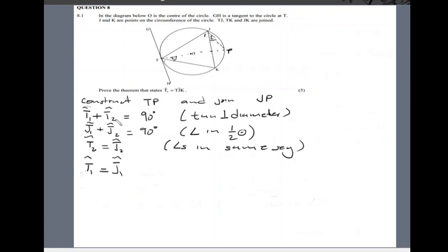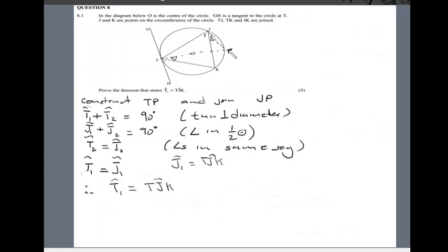If you look at these equations here, right? So therefore T1 is equal to TJK, right? Because J1 is equal to TJK, right? I hope you can see. Right, so this is one way of proving this theorem.